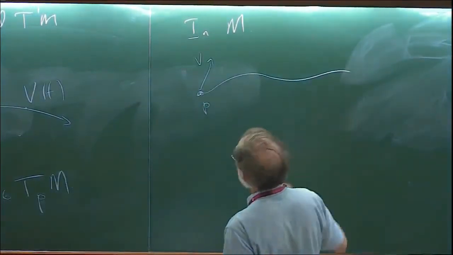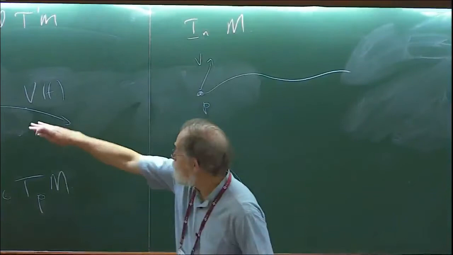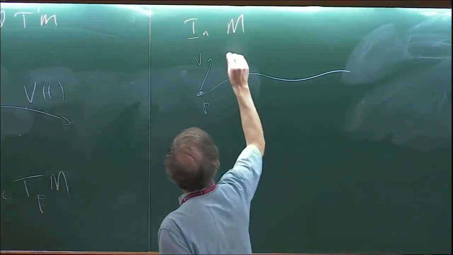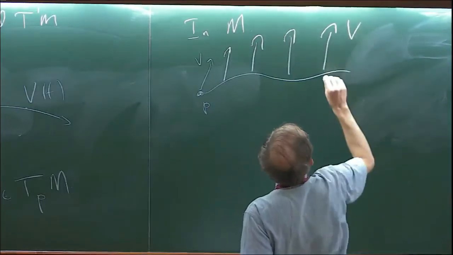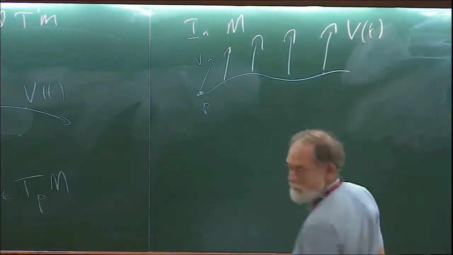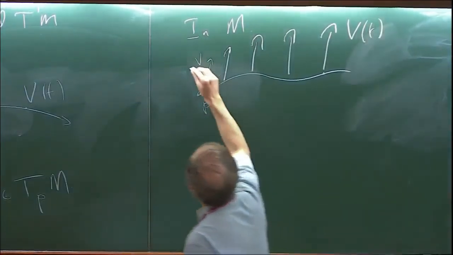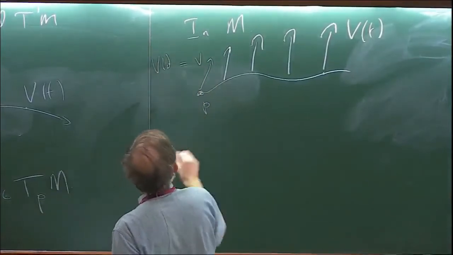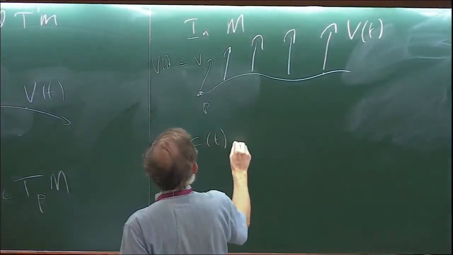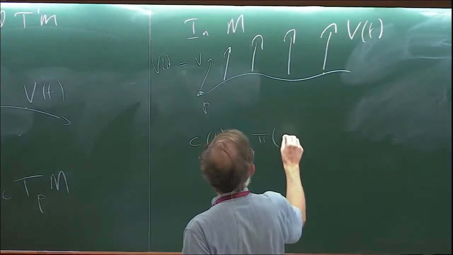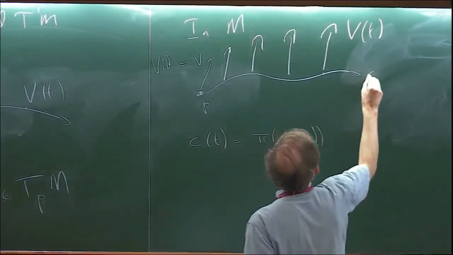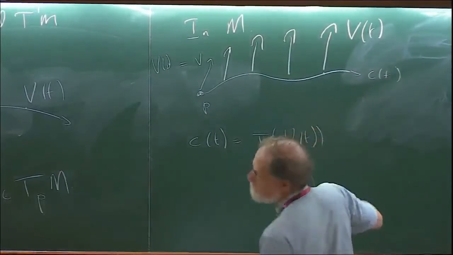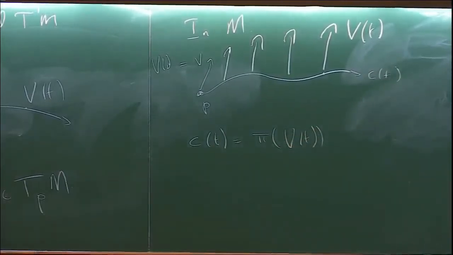Well, there's a curve. It's not that curve. That curve looks like this. There's V of t, and that's V of 0. And we can define C of t, which is pi of V of t. So this curve here is actually C of t. So that's the picture you can really think about.